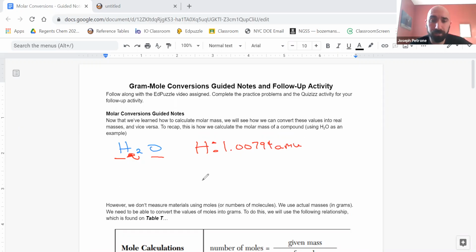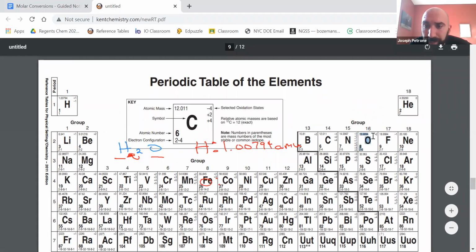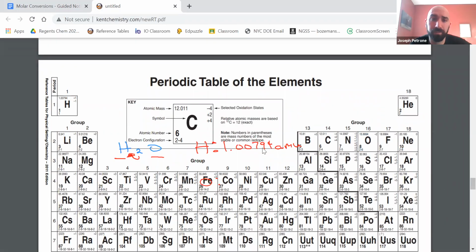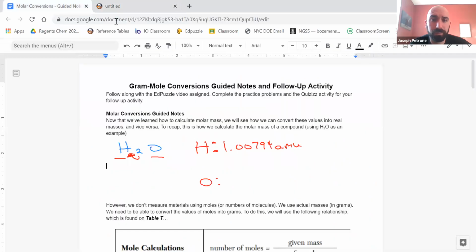And for oxygen, if we go back to our periodic table, we'll see that oxygen has a mass of 15.9994, also atomic mass units. So one hydrogen is 1.00794, and one oxygen is 15.9994. We'll do the rounding at the end to get as accurate a number as possible.